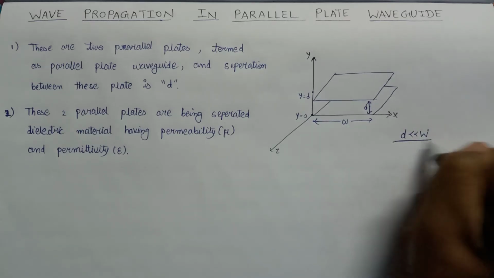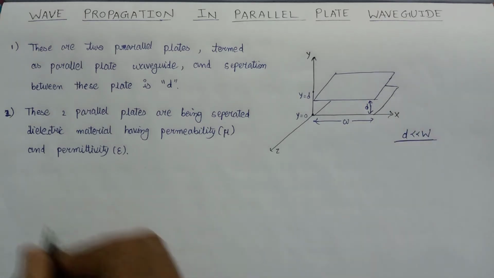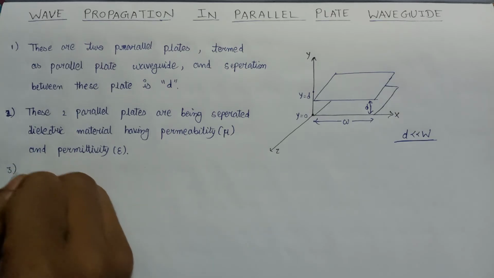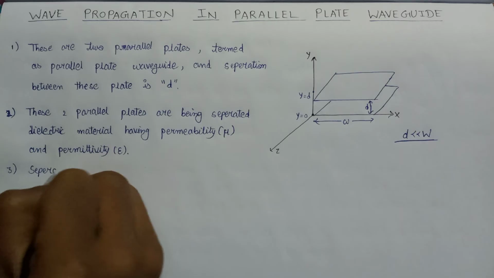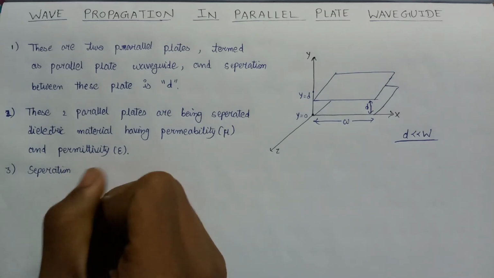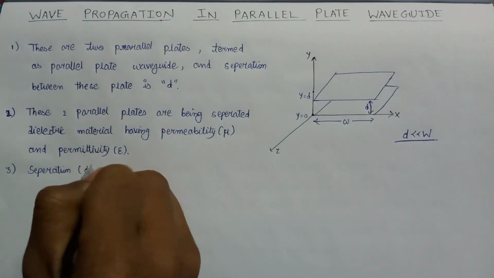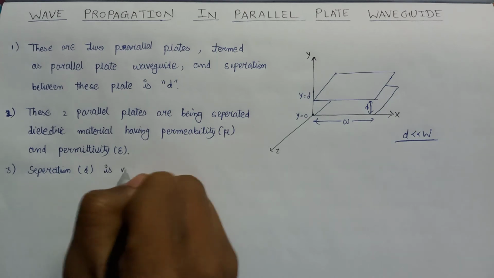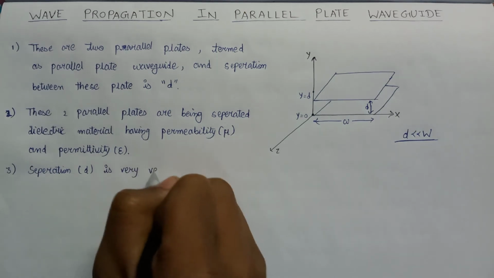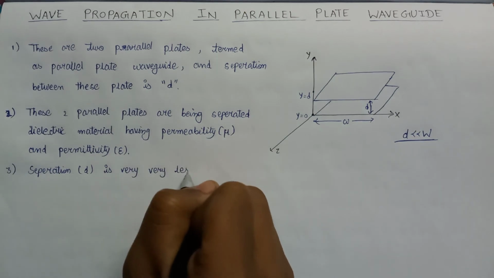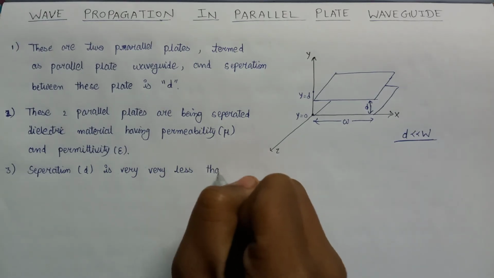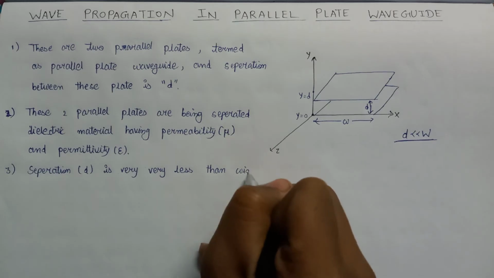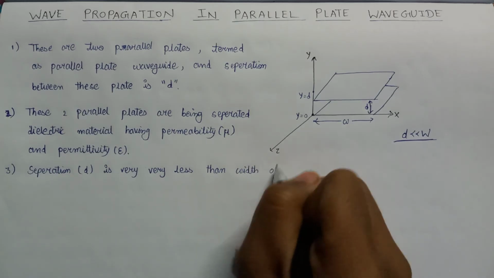So d is very much less than w. The separation represented by d is very small compared to the width of the parallel plates.